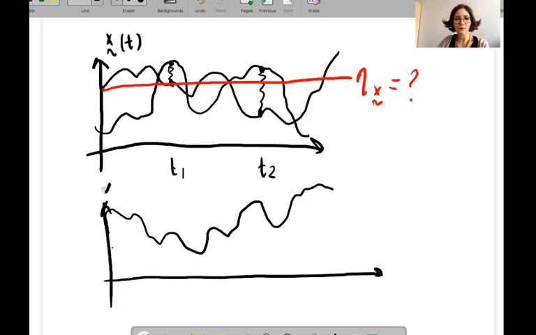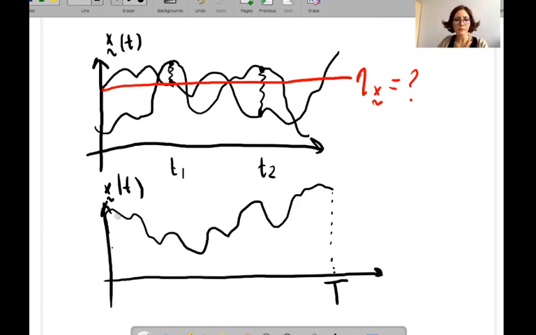This is the same random process, x of t. Let's say that you have it up to some time instant capital T, okay? You have this observation and you're trying to guess what the mean of your random process is. So what would be your first guess? If I give you the signal, if I ask you to estimate what this is, how would you do that, by using only this signal observation?